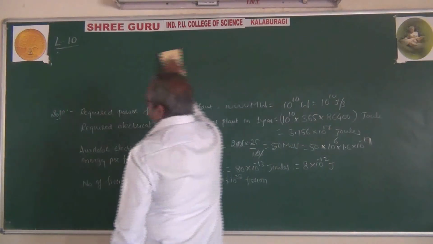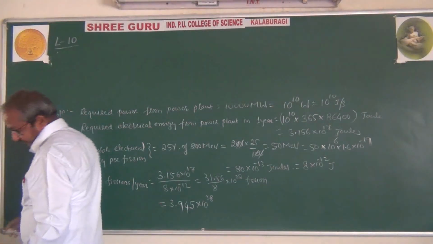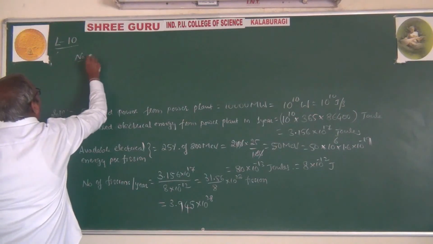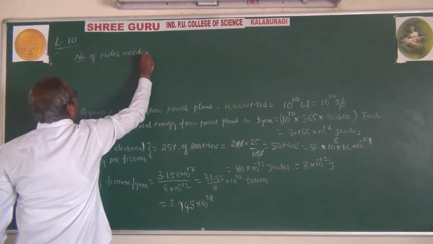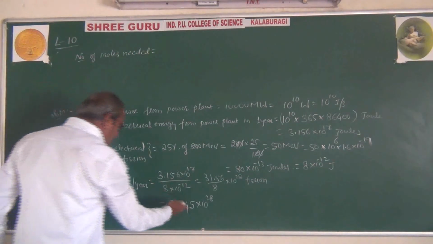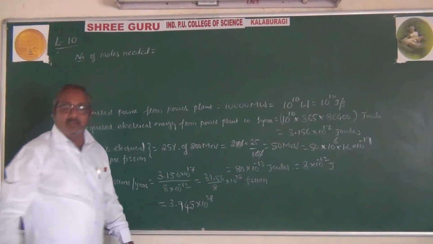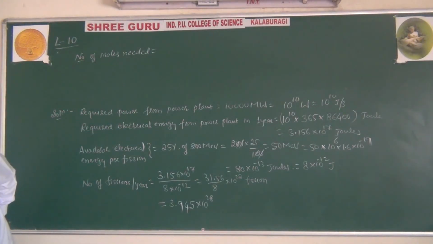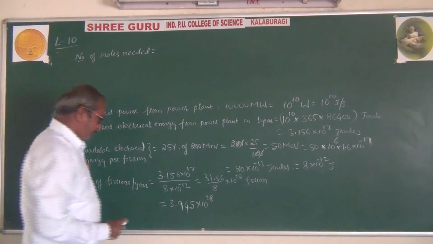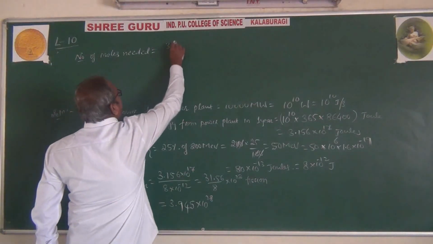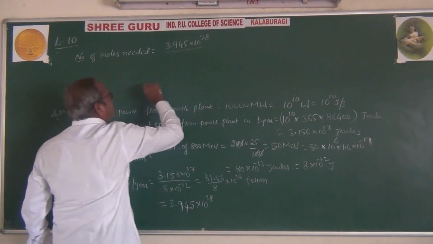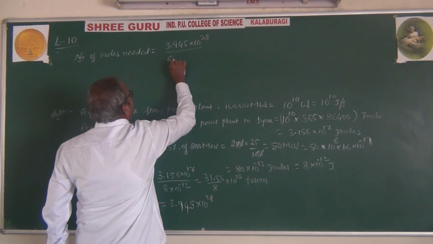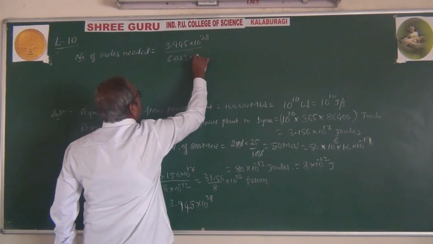So therefore, the number of moles needed of uranium for this much energy is the number of atoms divided by Avogadro's number: 3.945 into 10 raised to 28 divided by 6.023 into 10 raised to 23.